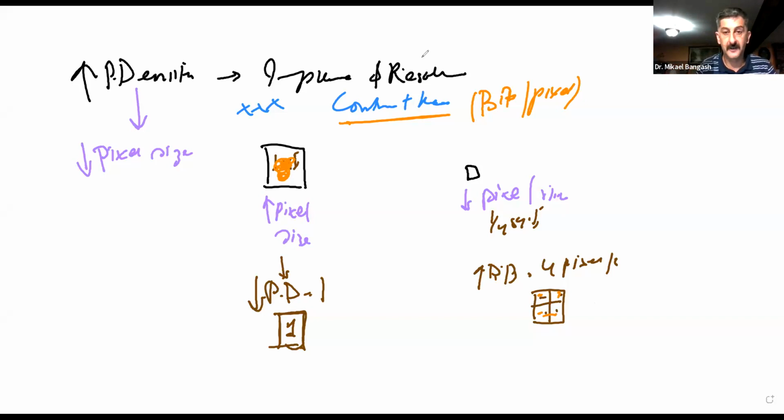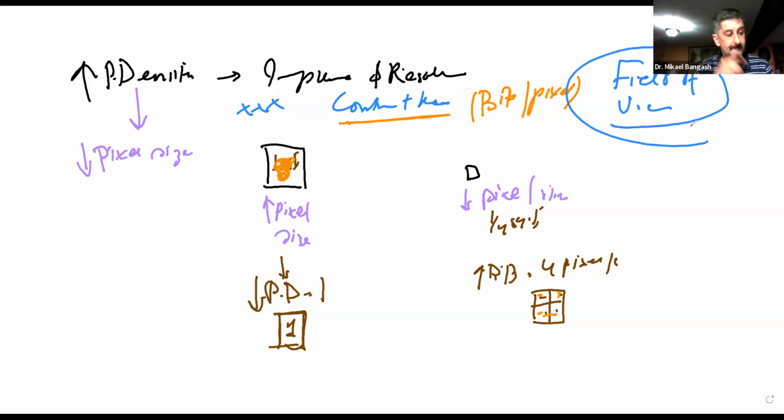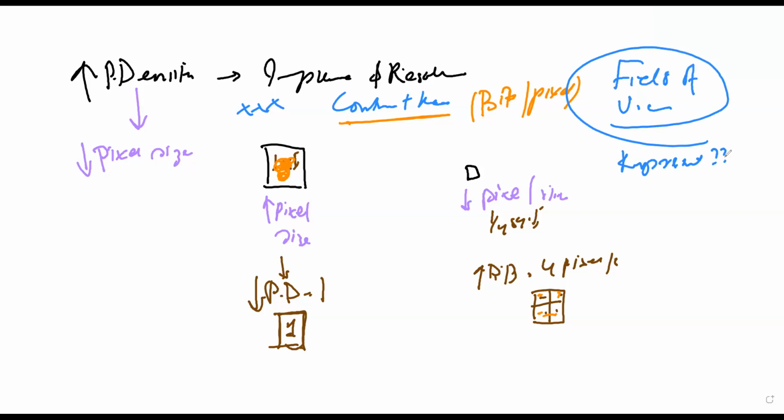What was field of view? What was another word for field of view? Our field of view is going to represent what? Is it like when you zoom in on a picture?